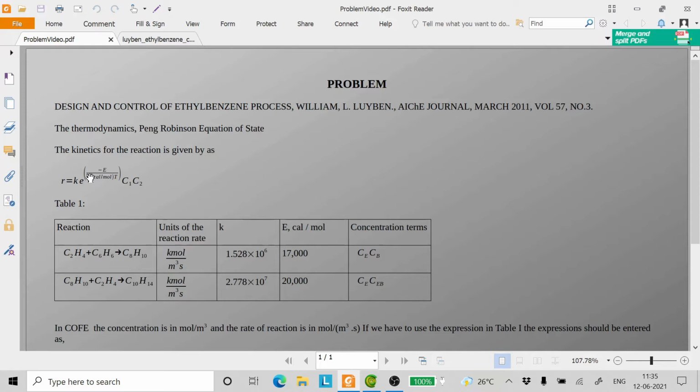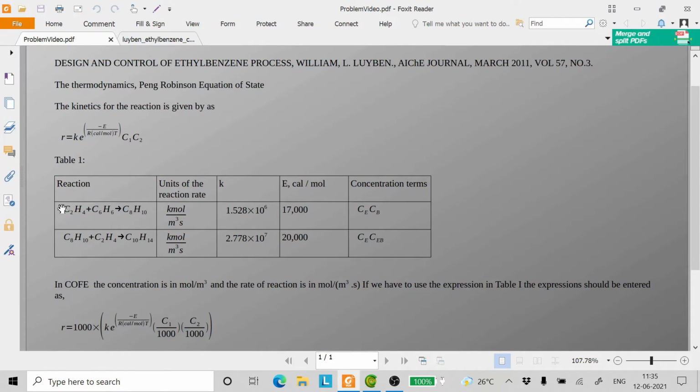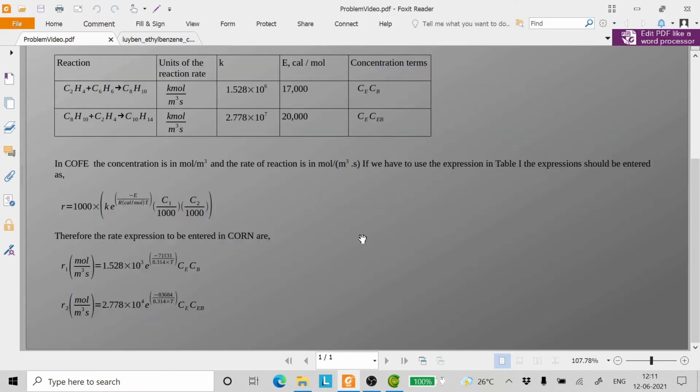The kinetics of the reaction is given as follows. This is the first reaction, the second reaction. These are the values of K for the first reaction and the second reaction. And this is the value of E, which goes in here.